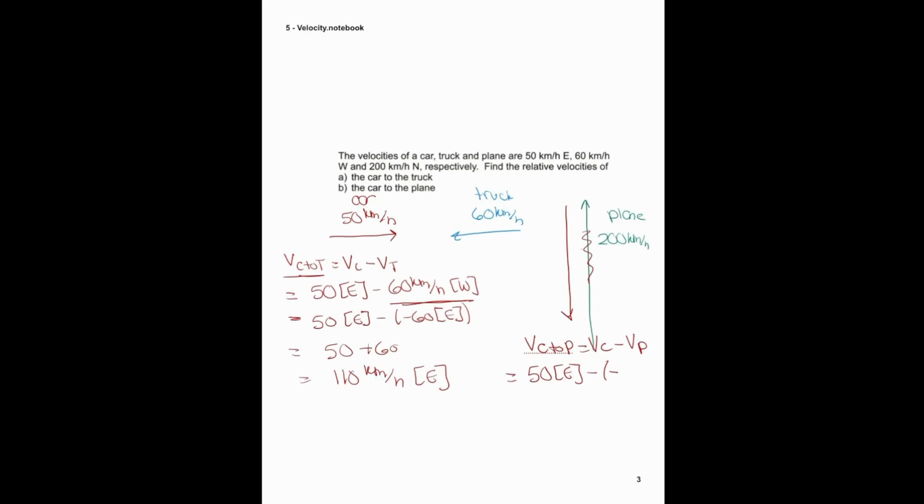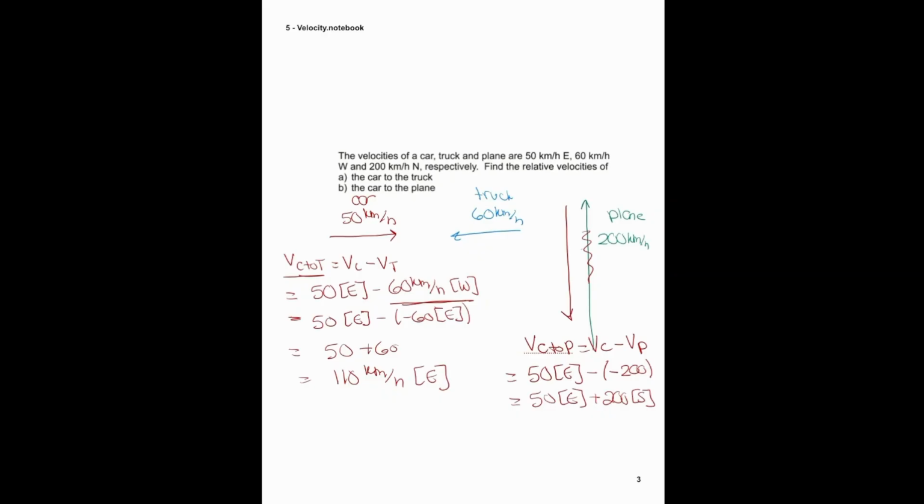Reversing a vector or changing its direction makes it negative. So that's minus 200. So that gives us 50 kilometers an hour east plus 200 kilometers an hour south. Remember, we reverse a vector, it changes its direction, it also changes its sign.